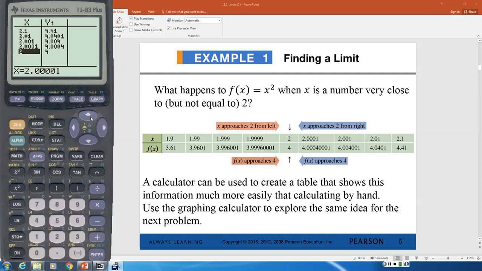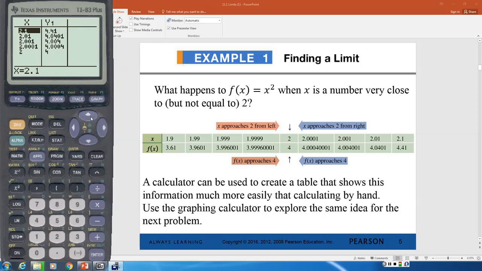So again, as I'm letting X start somewhat close to 2, but a little more than 2, and approaching 2 from what's called the right, because I'm approaching it from above 2, I get closer and closer and closer, but I'm still not plugging in 2.